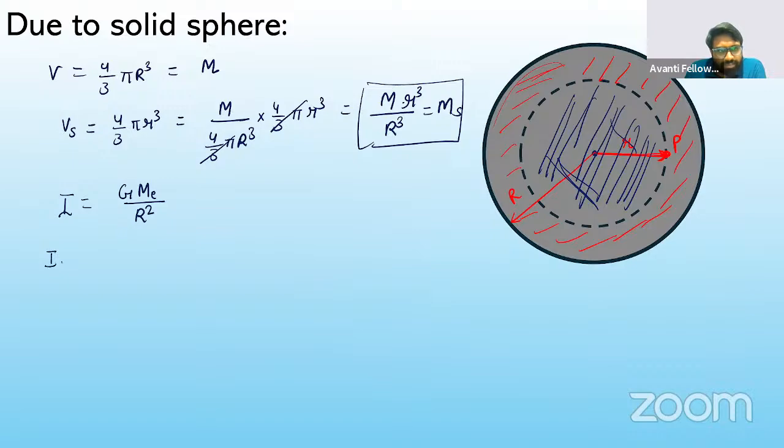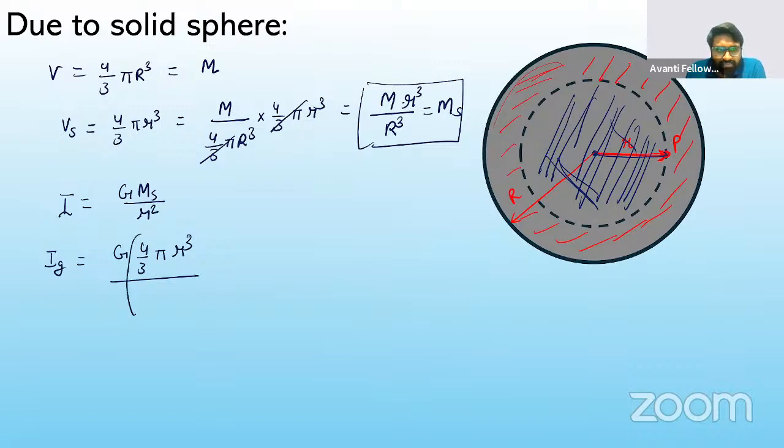So I here will become G. Put the value of mass here, which is M small r cube by capital R cube, divided by this r, which will also be the radius from the center to the point, small r. So it will become small r cube over small r square.